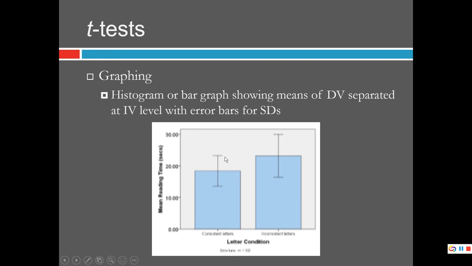And you always also want to include error bars that show your standard deviations, so people can interpret what these types of differences mean. If these error bars were really small, this would be a much more meaningful difference than if they were on the bigger side, like this.